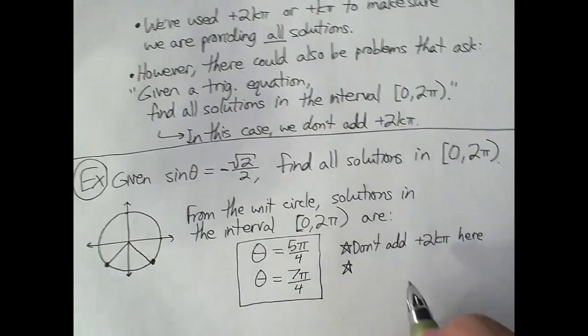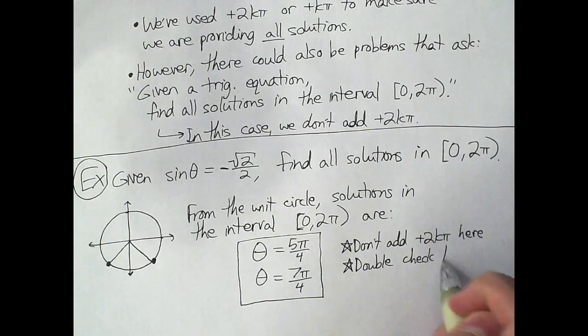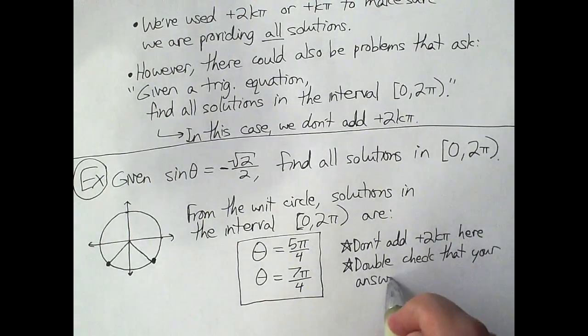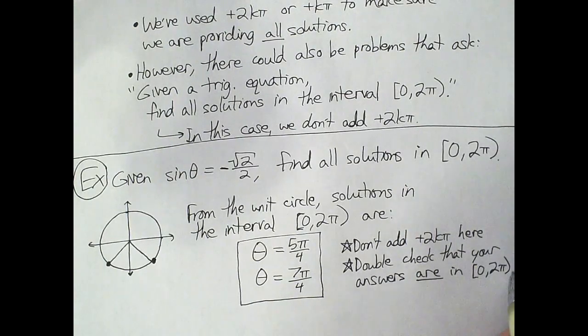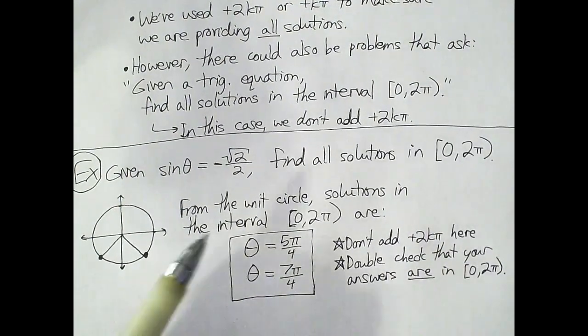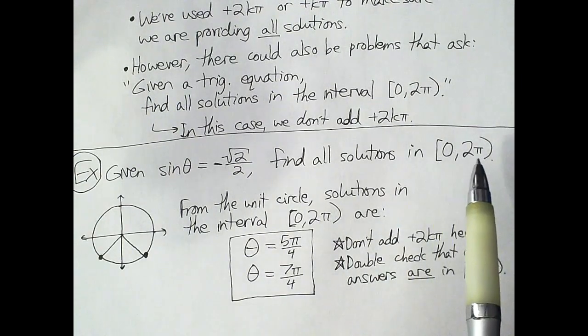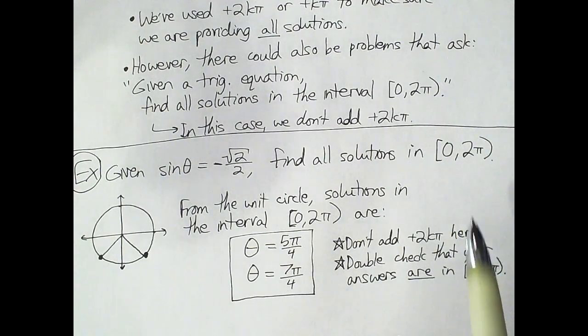And also double check that your answers are in the correct interval. 5 pi over 4, is that between 0 and 2 pi? Yes. 7 pi over 4, is that between 0 and 2 pi? Yes. So we're fine. This is good.